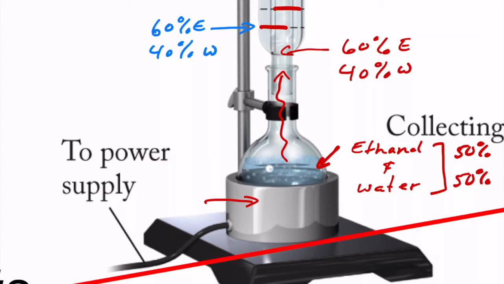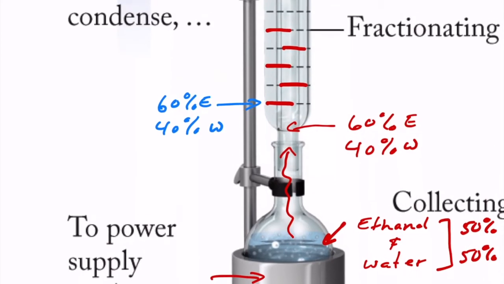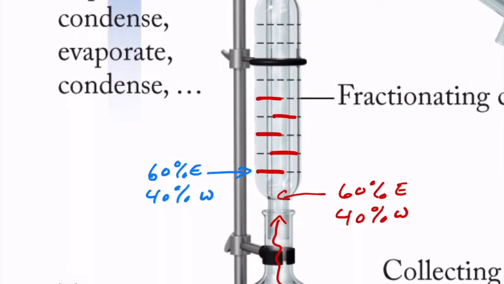Right? So now as the apparatus heats up, this is going to evaporate from the first plate and condense on the second plate here. And just like the first time it evaporated, the composition of the vapor is going to be different than the composition of what was condensed on that first plate.